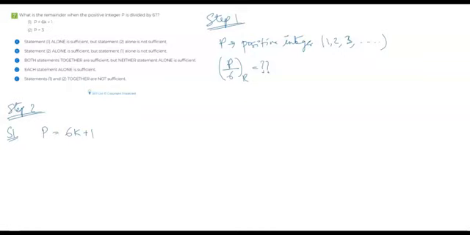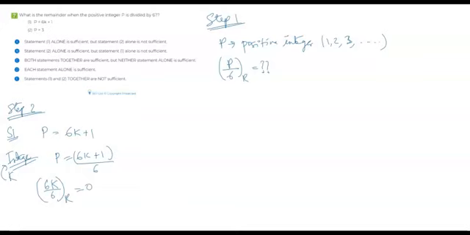Now if you look at both the cases, so if I look at the case when k is an integer, in that case, when I divide this by 6 and try and find out the remainder, that's very easy for me, because I know when 6k is divided by 6, and again keep in mind k is an integer, then the remainder is 0.